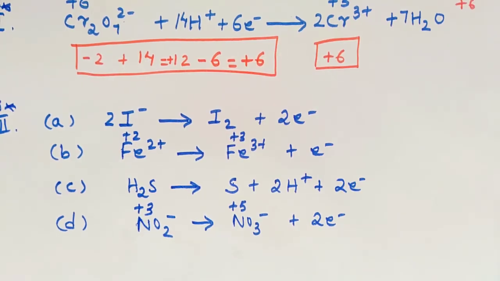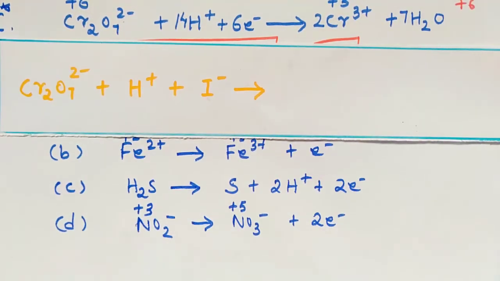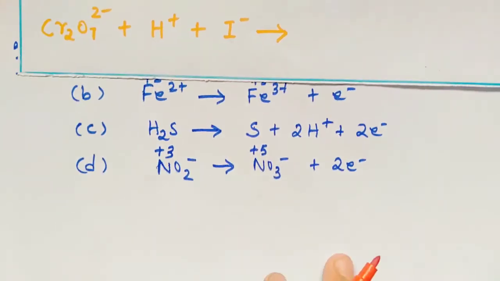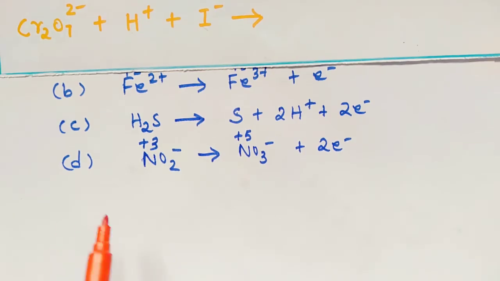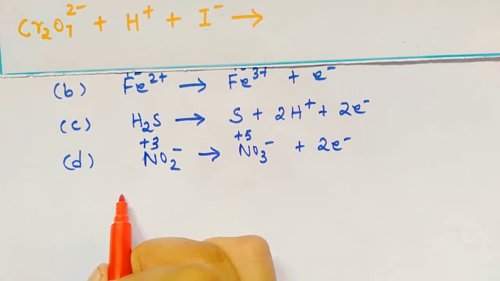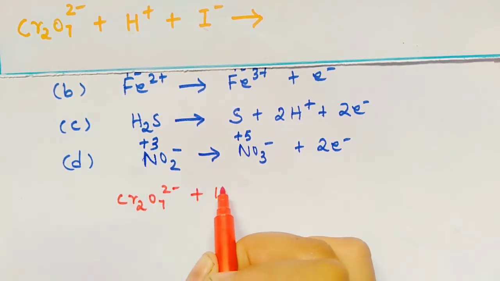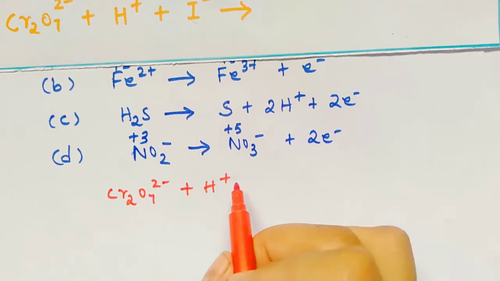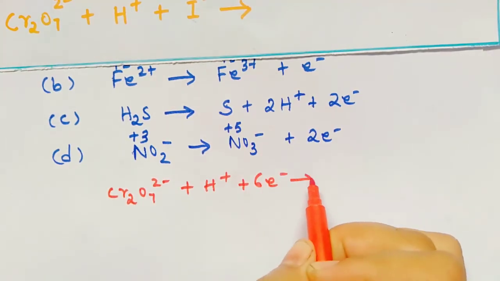So let us do the first one. Do like this. You write the first trick: Cr2O7 2 minus in acidic medium, and then with 6 electrons.